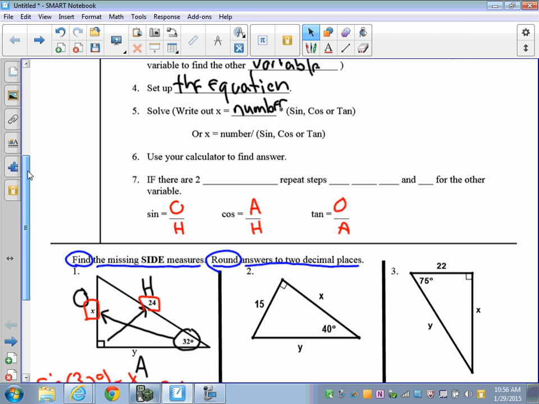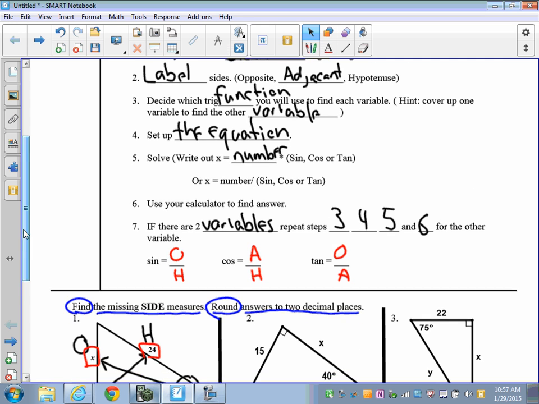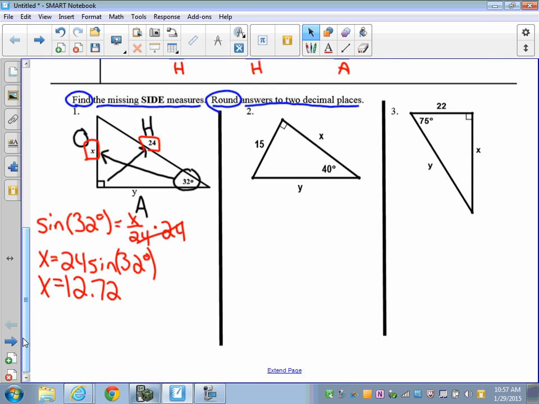If there are 2 variables, we need to repeat all steps 3, 4, 5, and 6. So now if I want to solve for y, I'm going to use 24 again.